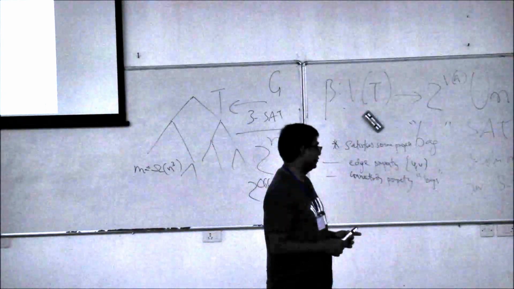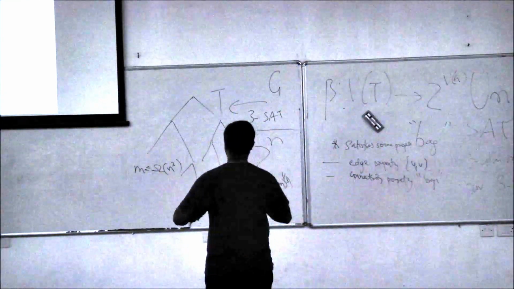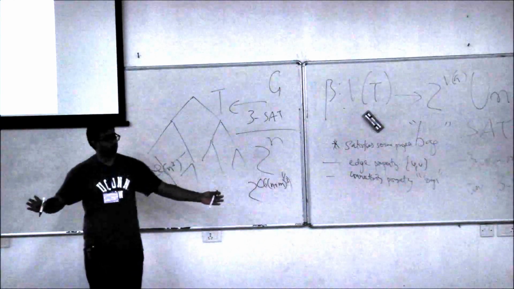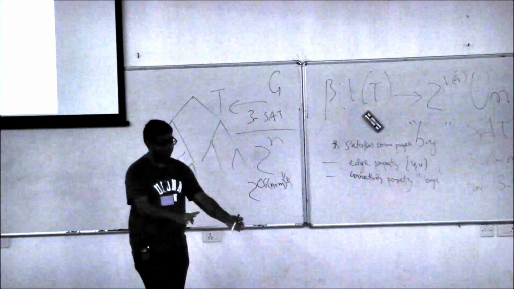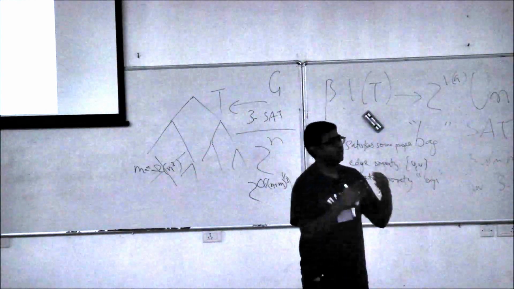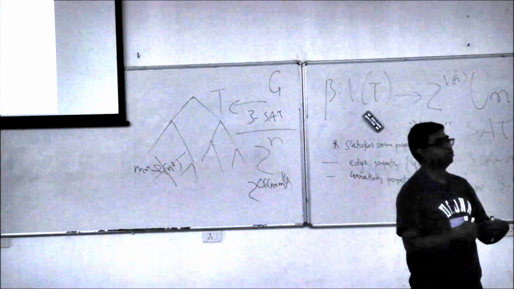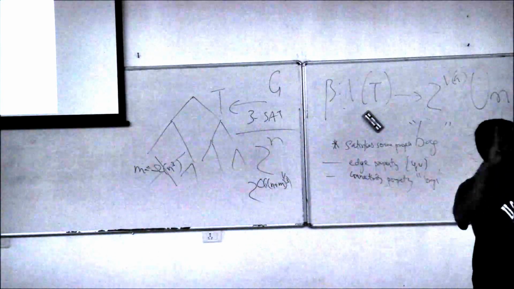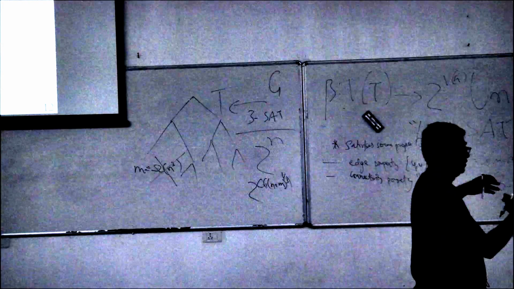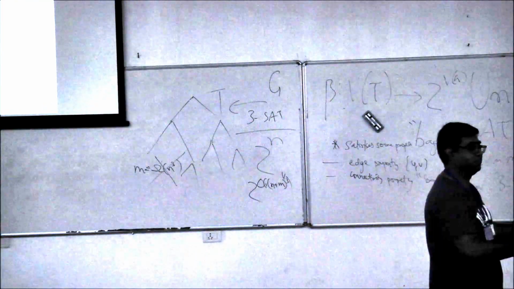But if I do not assume anything about this, I want a uniform algorithm which, given a 3 SAT instance with n variables and m clauses, gives me an algorithm of running time 2 to the power, say, square root of n plus m always. Is it possible? We know that this is possible when m is like n square, when m is like n cube.